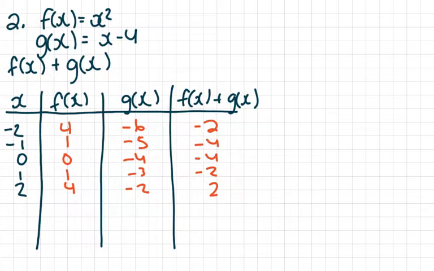All right, now I'm going to draw my graph. So I'm going to go up to 4 on the y-axis and down to -6, and then from -2 to +2 on the x-axis.